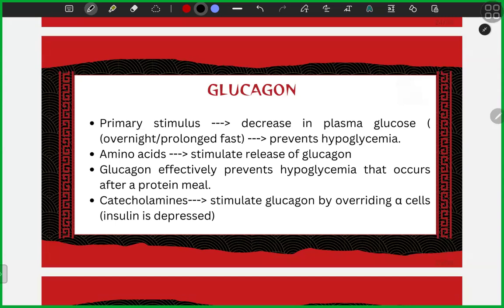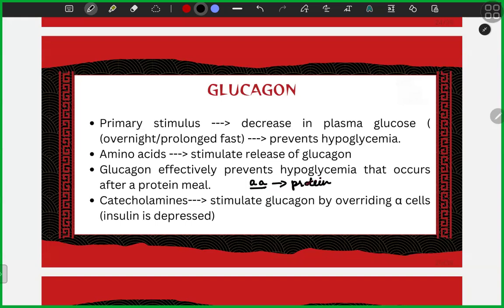Then you have amino acids. Amino acids also stimulate release of glucagon. Basically, glucagon effectively prevents hypoglycemia that occurs after a protein meal. Why does this happen? Because if you have amino acids, you need to store them to transform them into protein. Remember, insulin is anabolic, so insulin is going to try and turn this whole thing into protein.